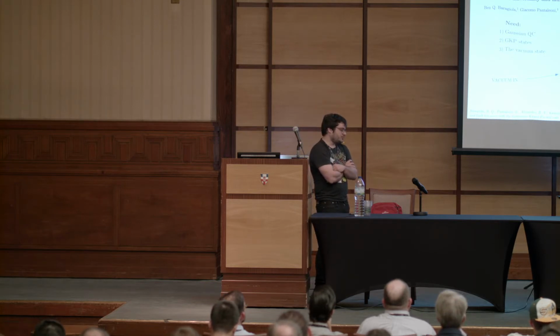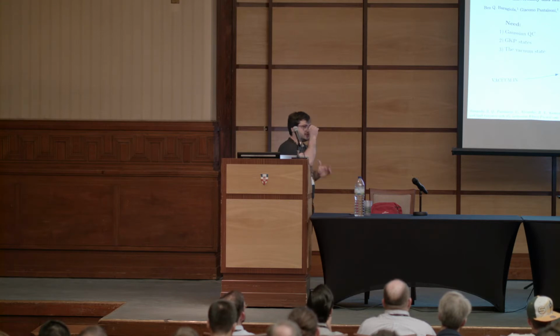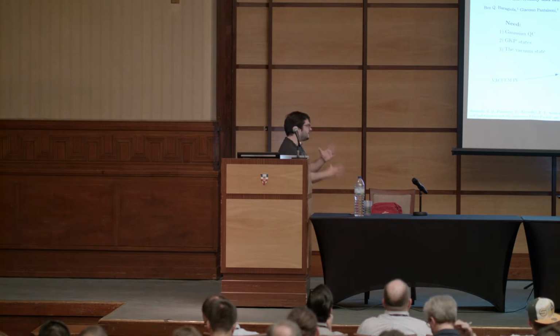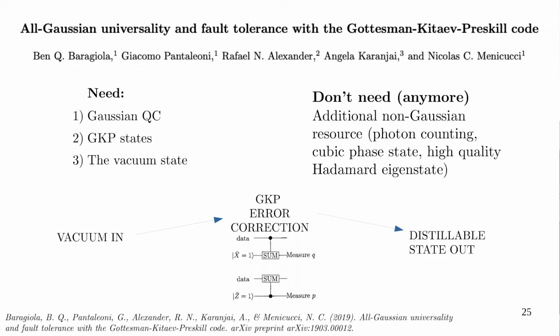The other resource, used to get out of Clifford quantum computing, was a non-Gaussian state, for example, a cubic phase state or photon counting. What we did is we wrote another, if you will, recipe that only uses one non-Gaussian operation, that is just the GKP state itself. So the GKP becomes its own magic state that we can distill.